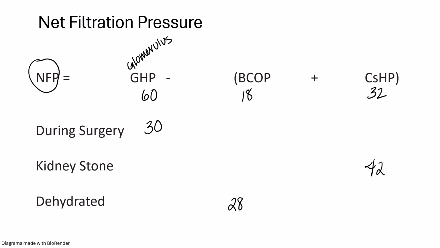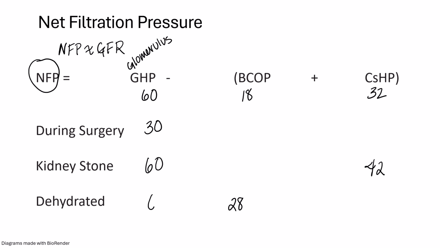The significance of all of these pressures and calculating NFP lies in the relationship to the glomerular filtration rate, which is something that many of us have seen on a urinalysis. And luckily for us, the net filtration pressure rises and falls with the glomerular filtration rate.